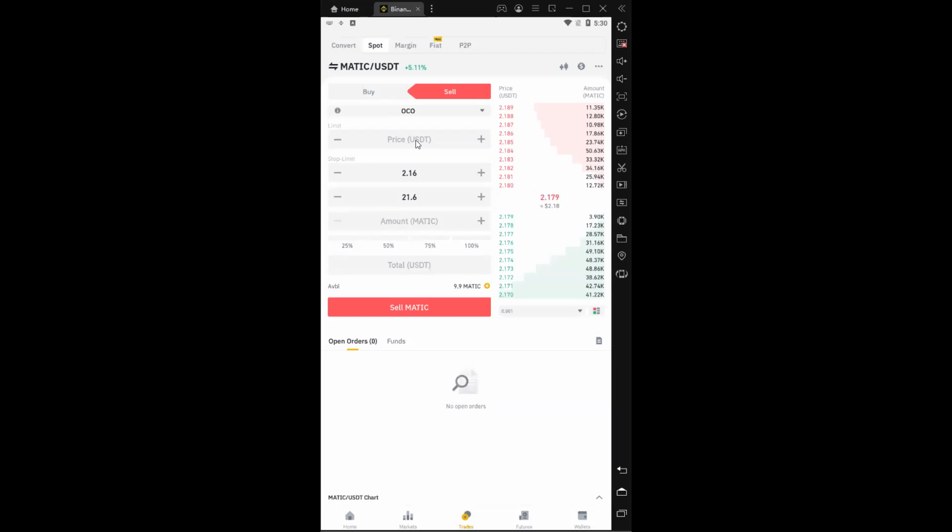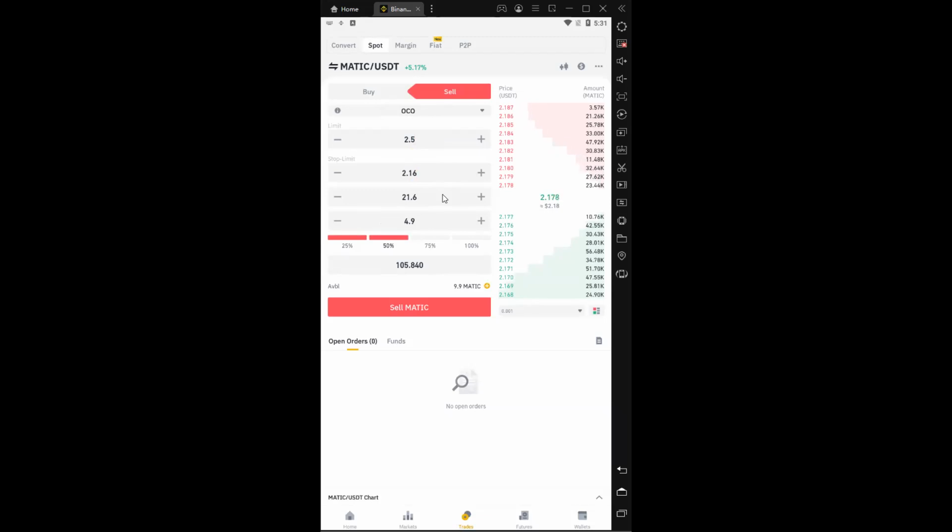So if this coin gets to, let's say, 2.5, take profit for me too. The first limit is to take profit at a higher price than the current market price. The next stop and limit is to sell off the coin at a lower price if the market dumps to that price.